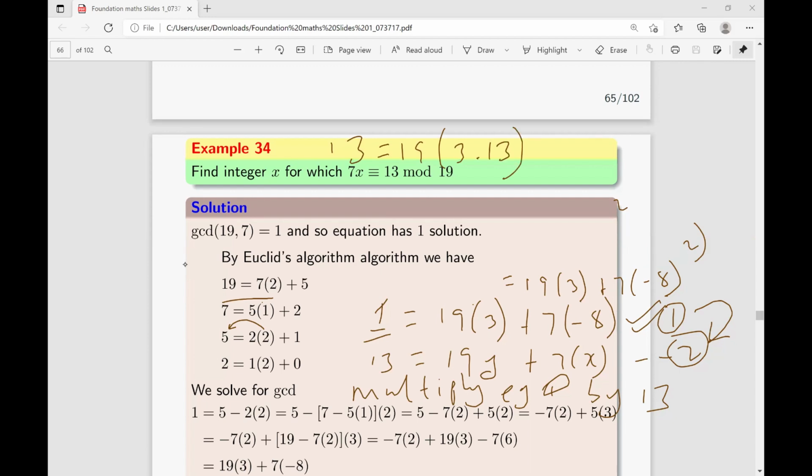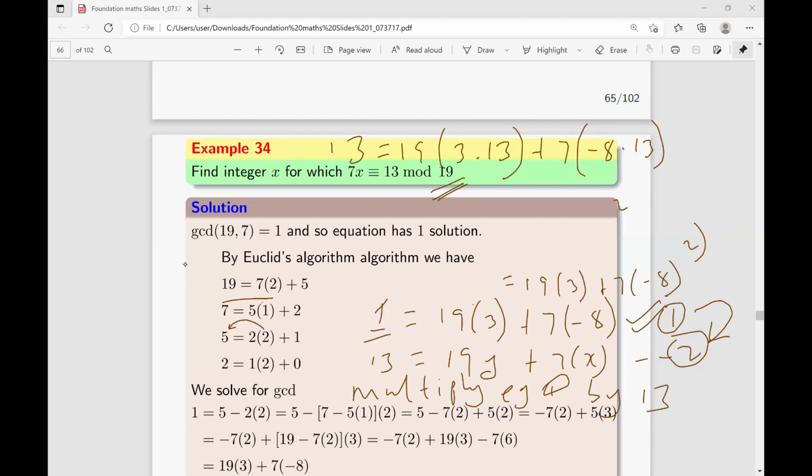And then plus 7 multiplied by negative 8 times 13. And I have to remember I'm working mod 19. Every time a number is bigger than 19, I'll reduce it mod 19.